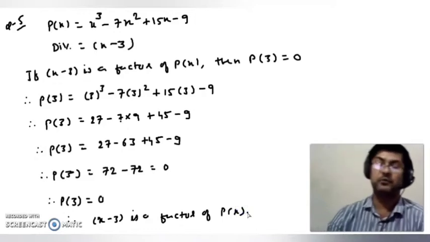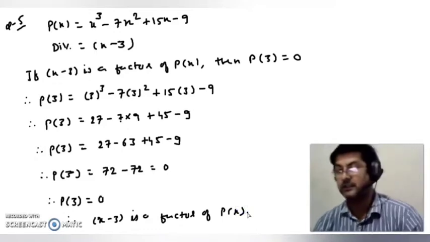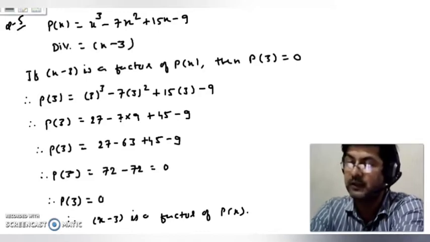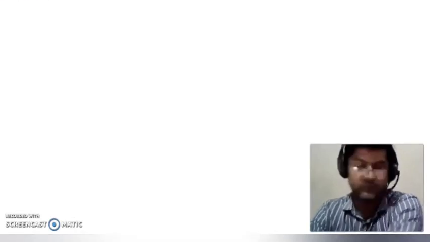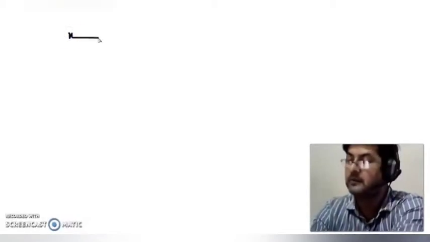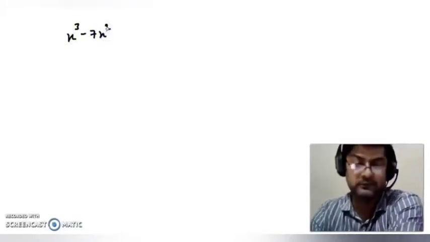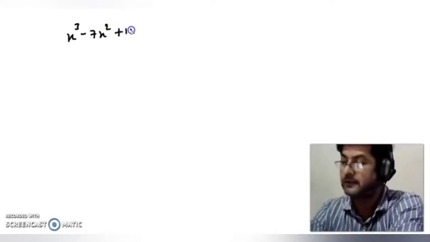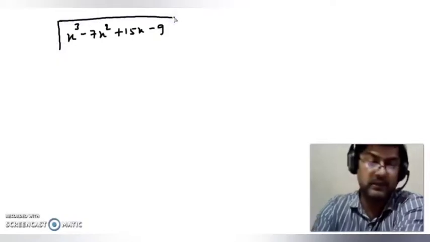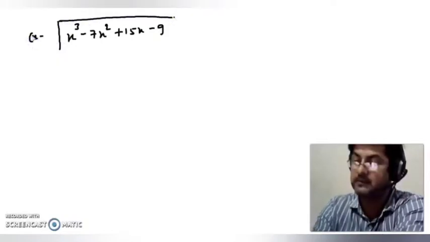Okay, now we have to completely factorize the given polynomial. So let us divide the polynomial p of x, x cube minus 7x square plus 15x minus 9, by x minus 3.